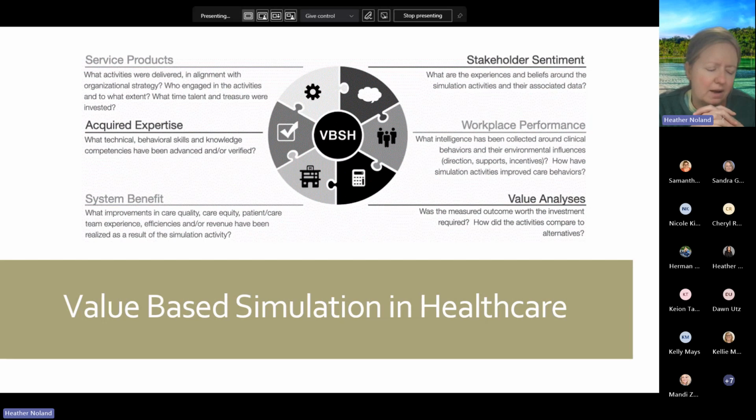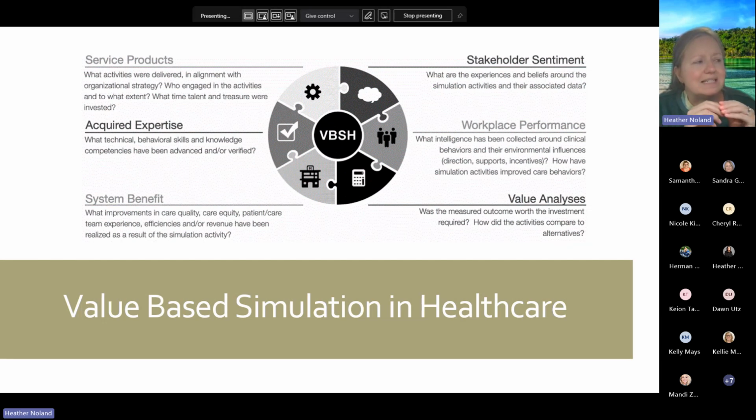There is an affinity group through the Society for Simulation in Healthcare working on it. It should be published hopefully either this month or next. It's an article looking not at return on investment, but at value-based simulation. You will see the graphic represented looks at qualitative measures that speak the language of our executive leadership.